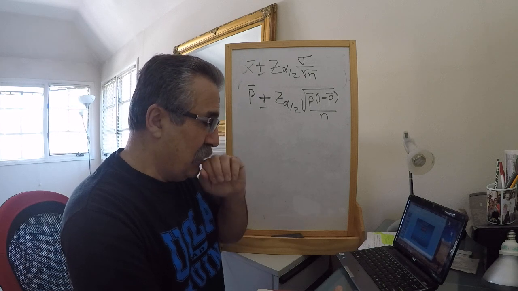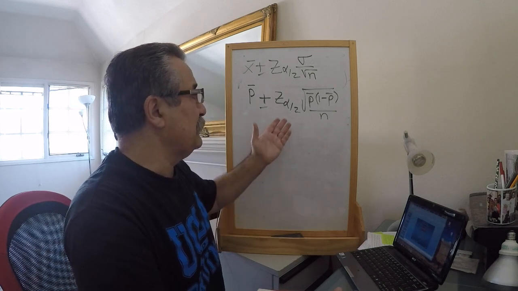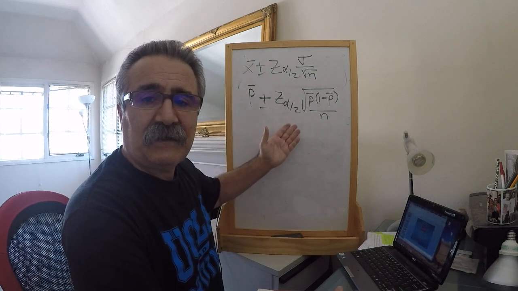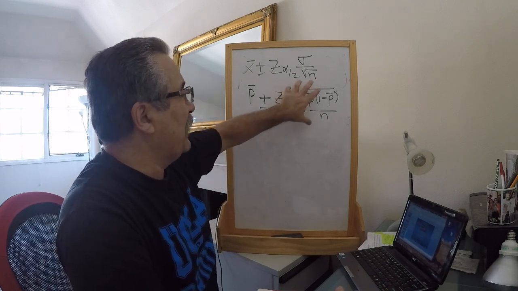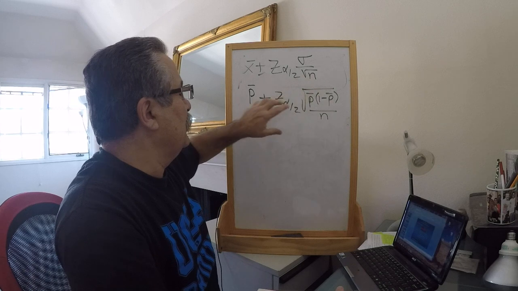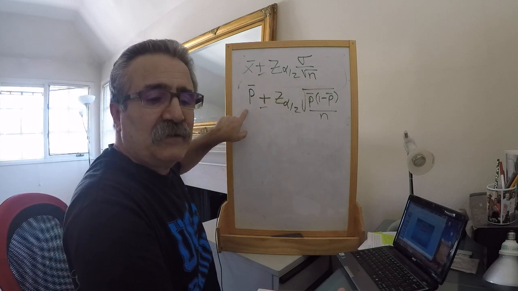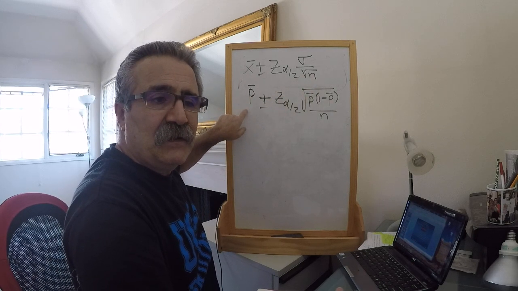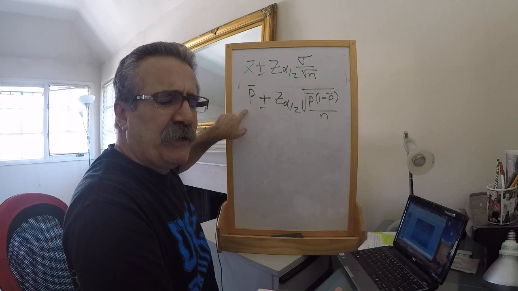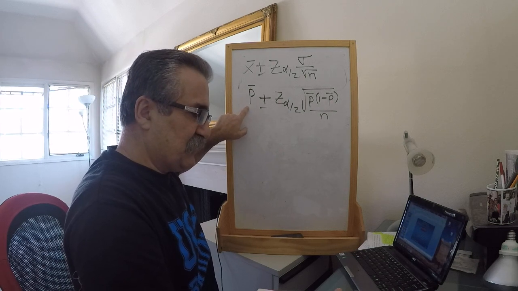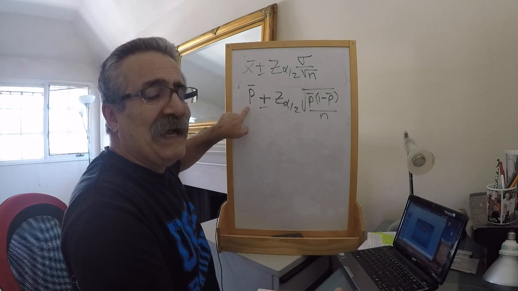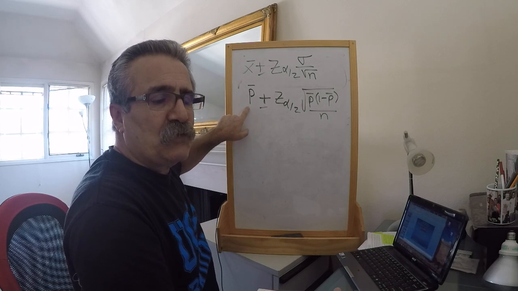And the calculation of the range is the same. We go ahead and calculate this margin of error. We add and subtract it to and from the sample proportion. I'm sorry, this is sample proportion, not population proportion.